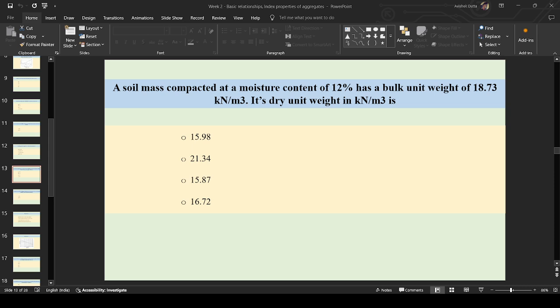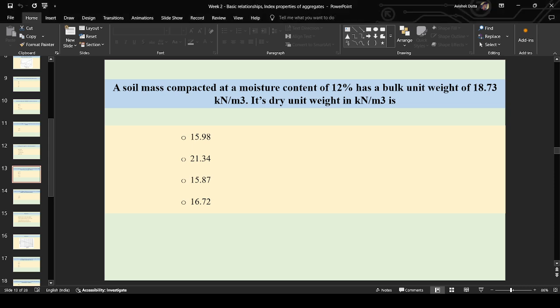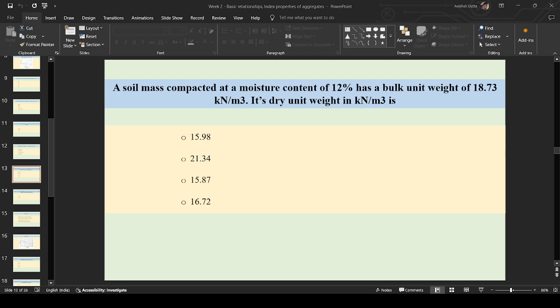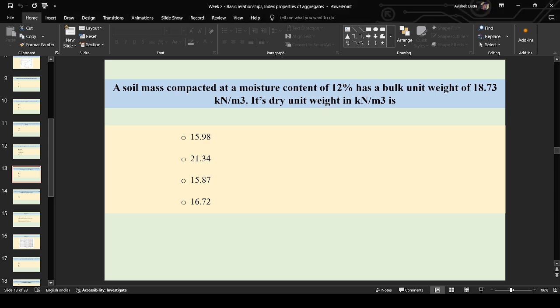A soil mass compacted at a moisture content of 12 percentage has a bulk unit weight of 18.73 kilonewton per meter cube. Please mute yourself. Somebody has left their microphone on.